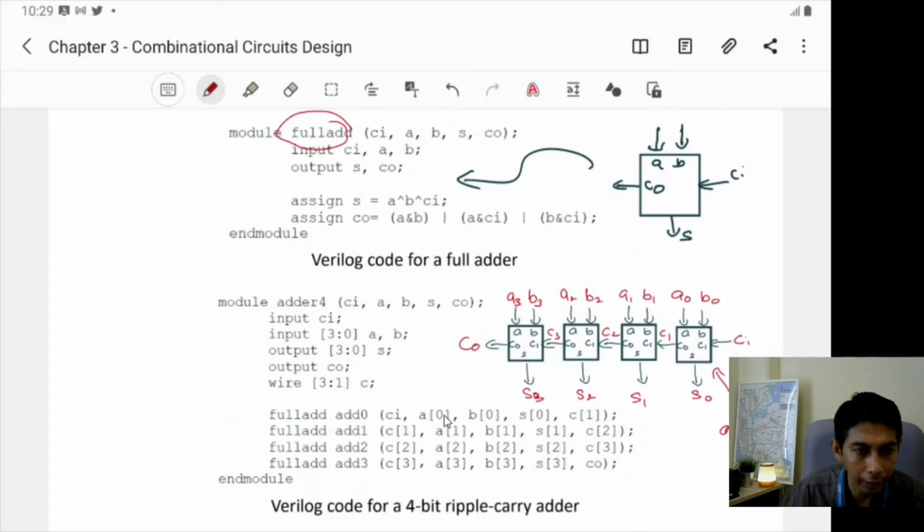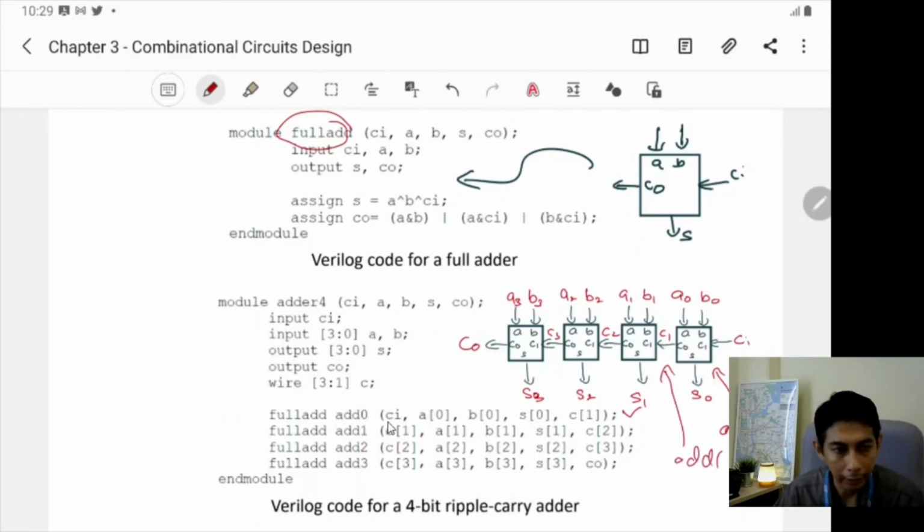So that's why you have A0 here. And this is B0 connected to B here. S0 connected to S here. And C1 is connected to CO here. So this will be the first module. And we want to add another module. The module is the same, full add. And now we need to name it ADD1, for example.